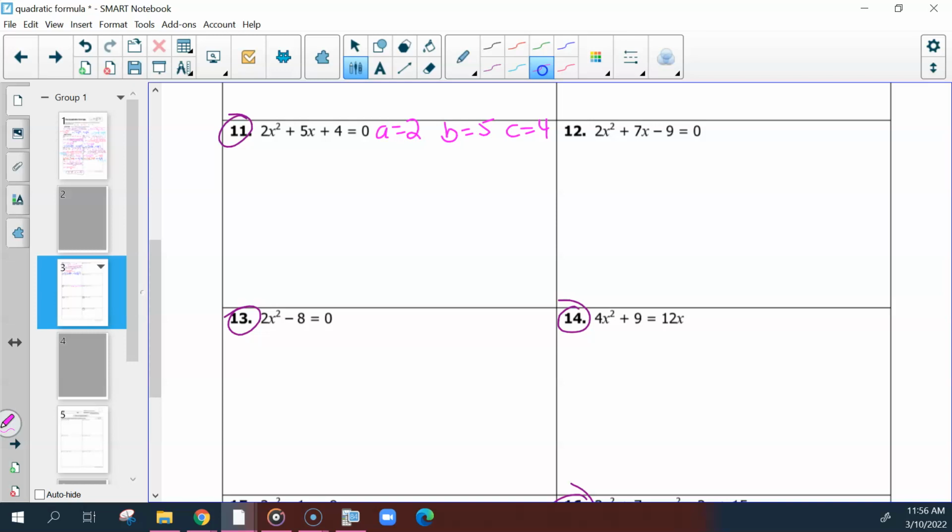It could be negative, it could be positive, it could be something big, something small. And start doing your formula. Negative b plus or minus the square root of b squared minus 4 times a, which is now 2, times c, all over 2 times a, which is now 2.